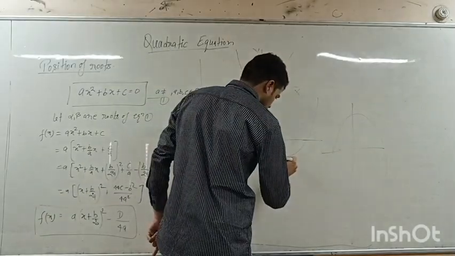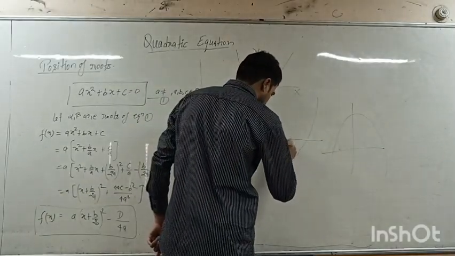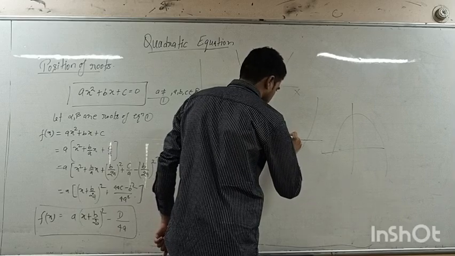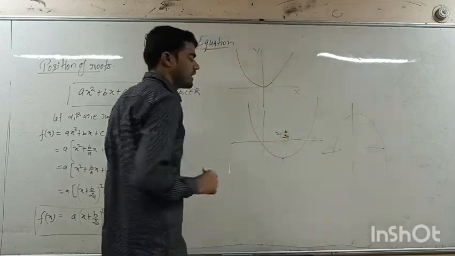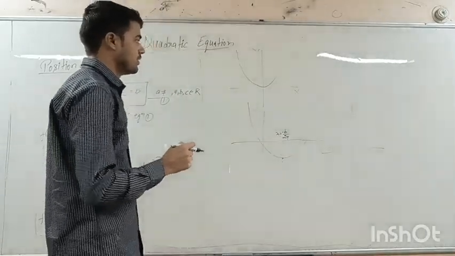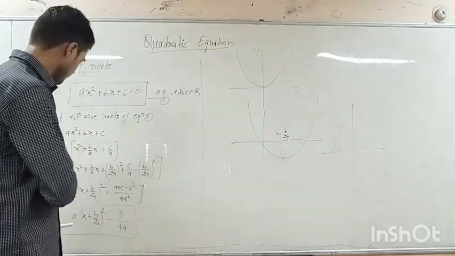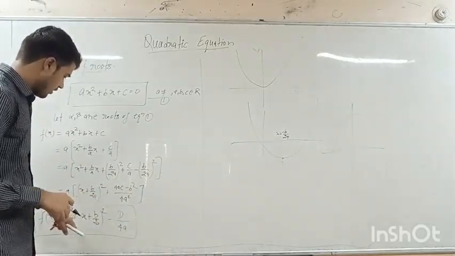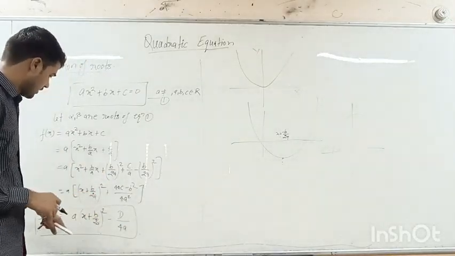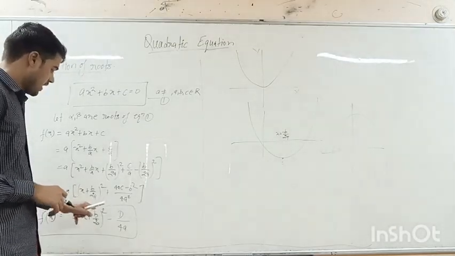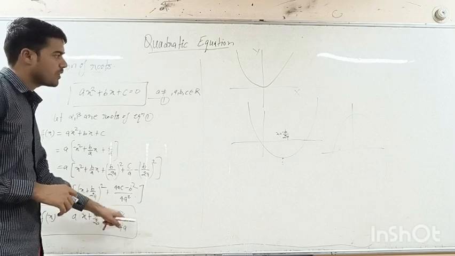So at x equal to minus b by 2a, we will get the vertex of the parabola. The graph of a quadratic equation is just a parabola. And what value do we get there? If we put x equal to minus b by 2a, then this part will become 0 and only this will remain.